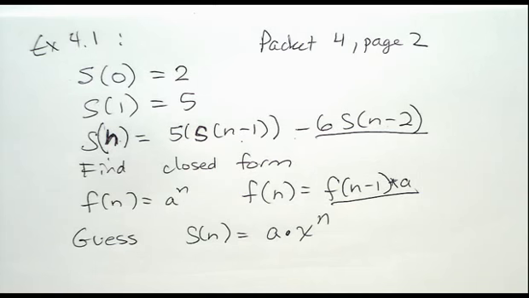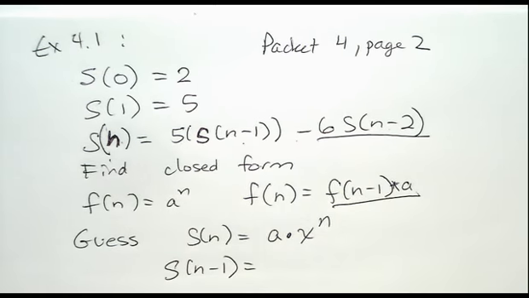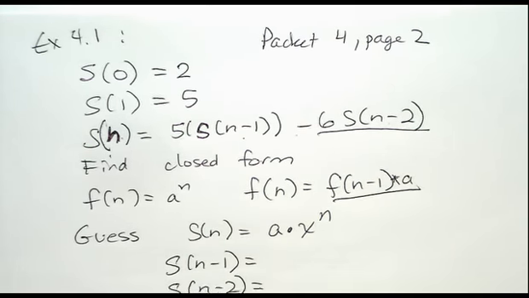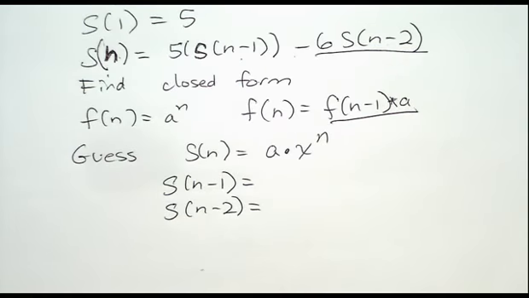So if this is true, I want you to write down what s of n minus 1 is. And also write down what s of n minus 2 is. So just use the formula, and everywhere you see an n, put an n minus 1.